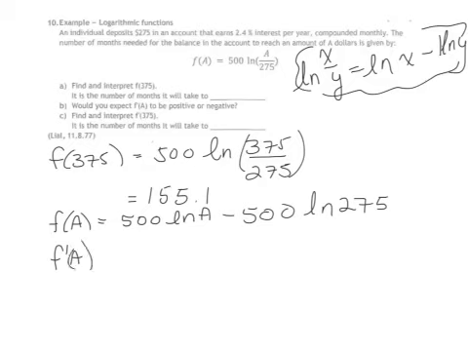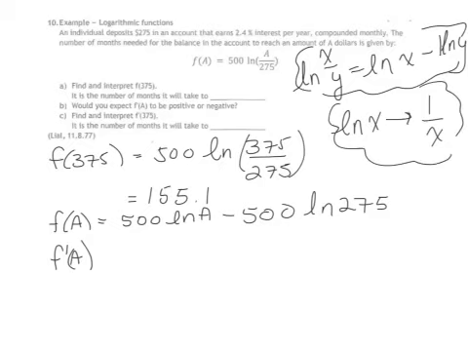Now we have to remember that the derivative of ln x is 1 over x. Okay, so that again we're going to put as a sidebar, our little thought bubble. So this first part of the function, we have 500 ln A, so that would be 500 times 1 over A, the derivative.